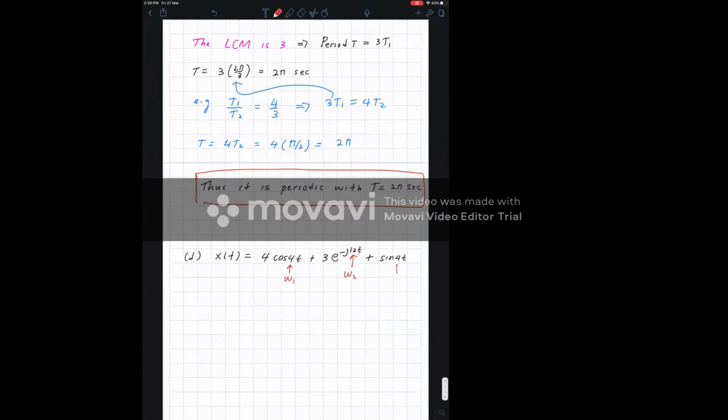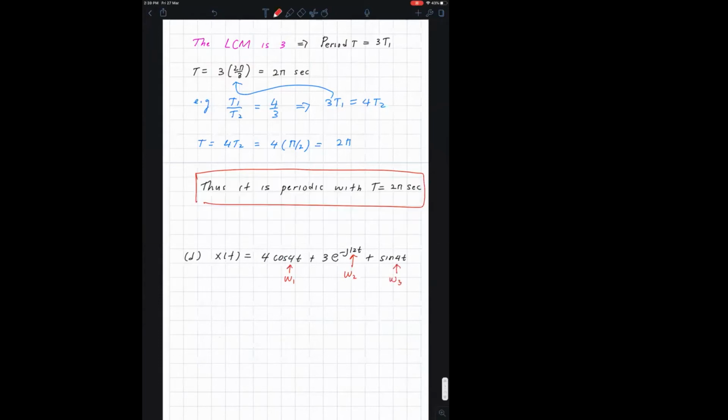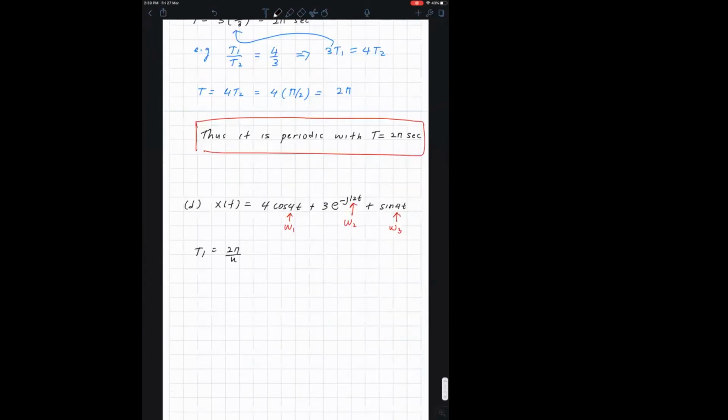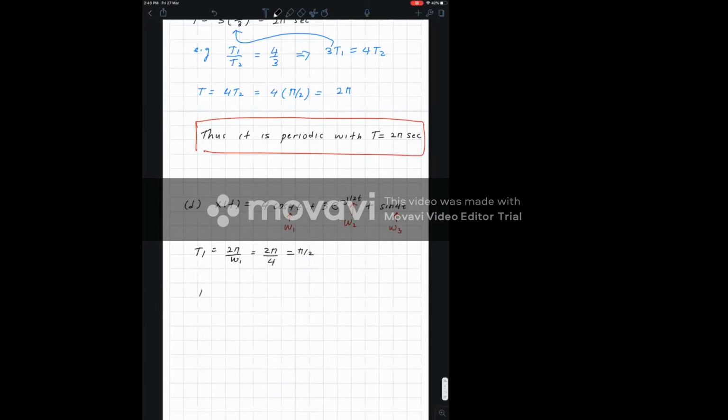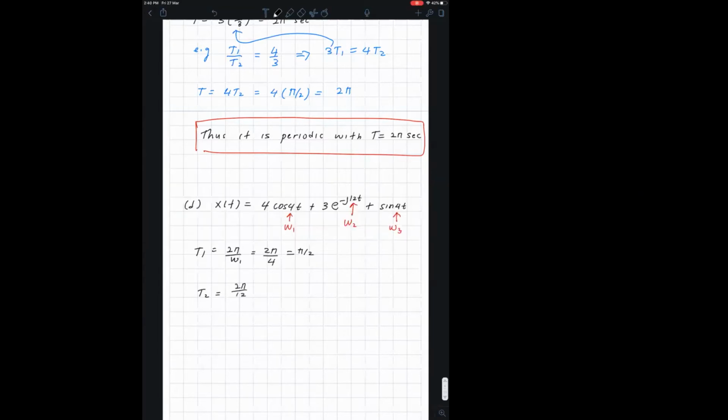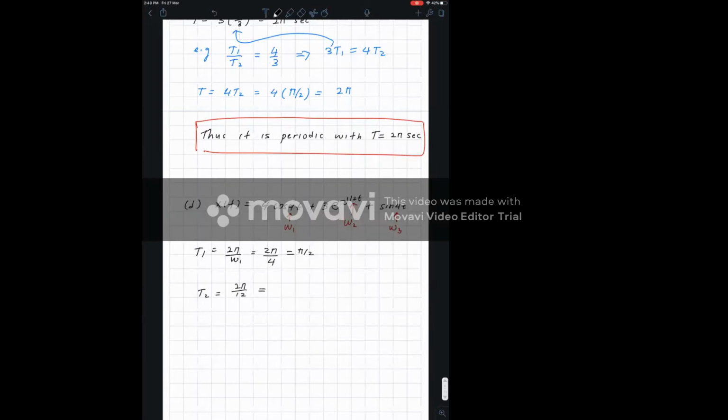For each frequency, if you evaluate, you will get T1 is 2 pi over omega 1, which is 2 pi over 4, equals pi over 2. Then T2 is 2 pi over 12. You don't take the negative here, frequency is positive, so you just use the positive part. That's pi over 6.